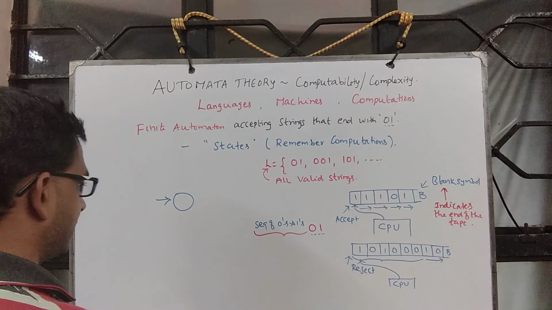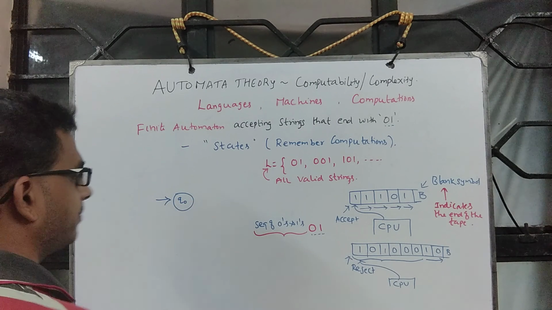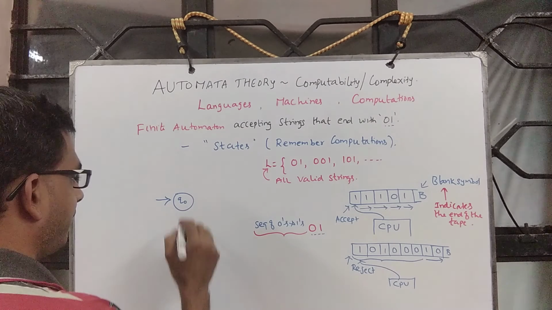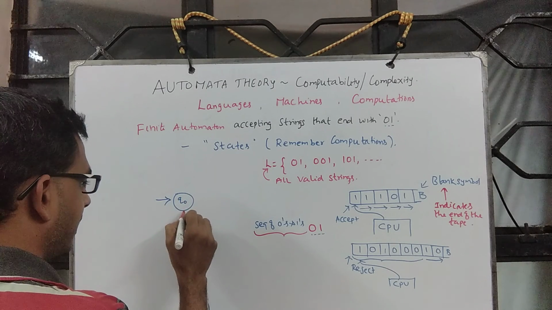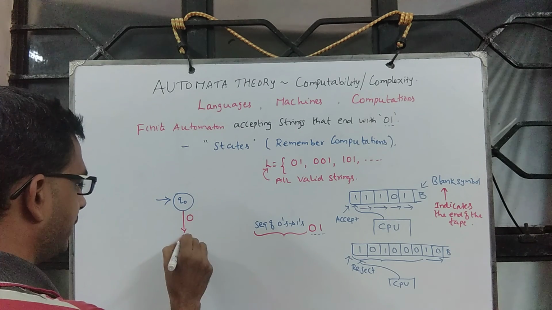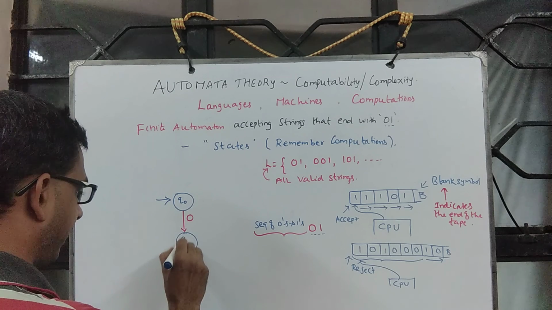Okay, so the idea is this. We start from a state, say Q0, and in that you read say 0. On reading a 0, we go to a state, say Q1.